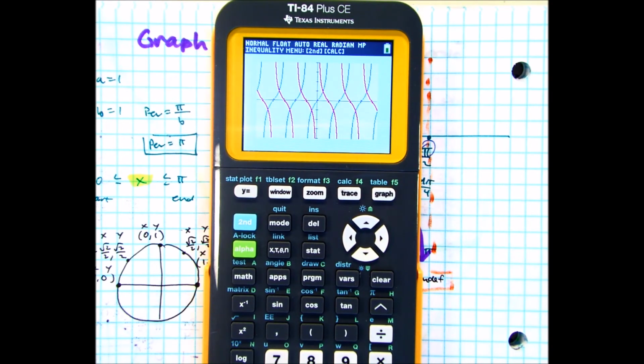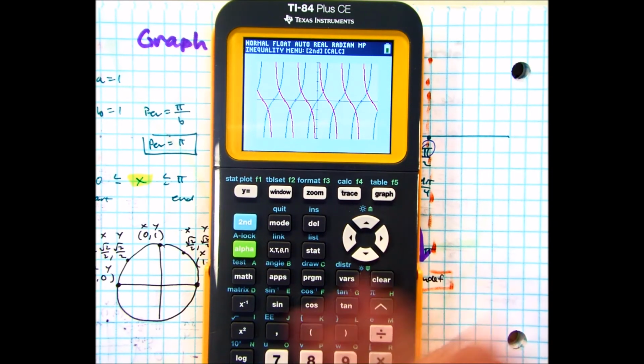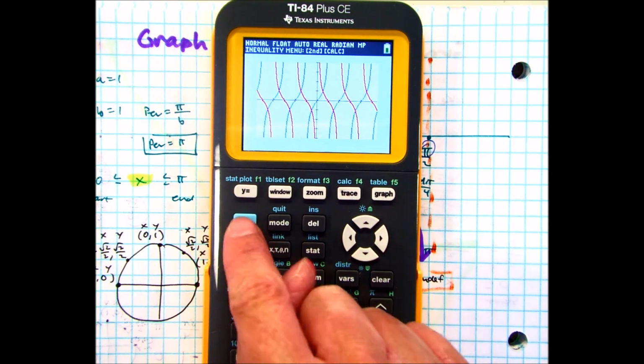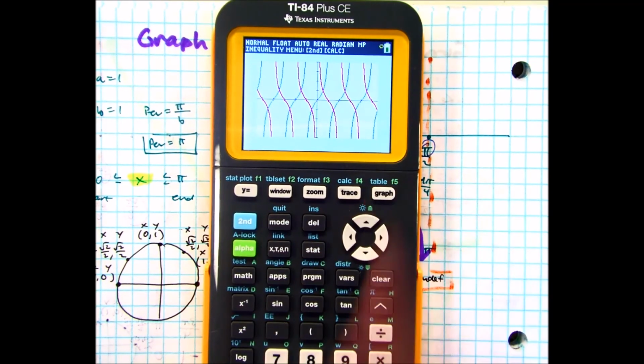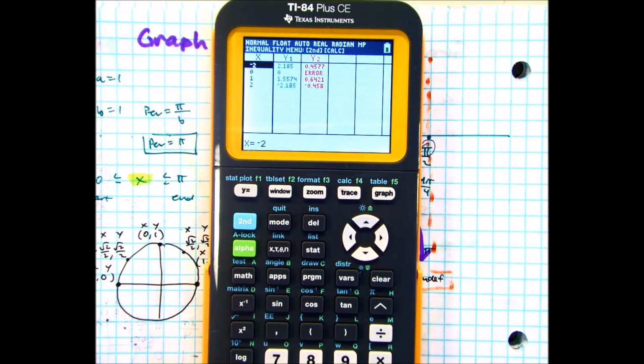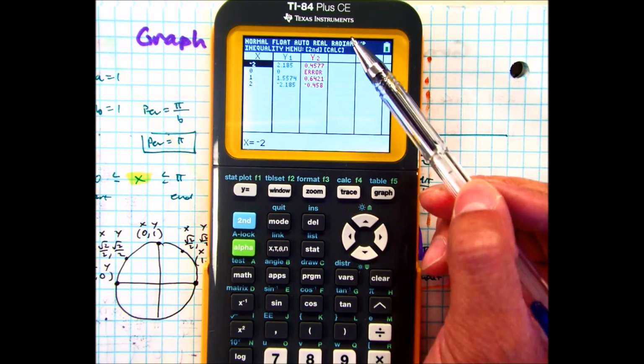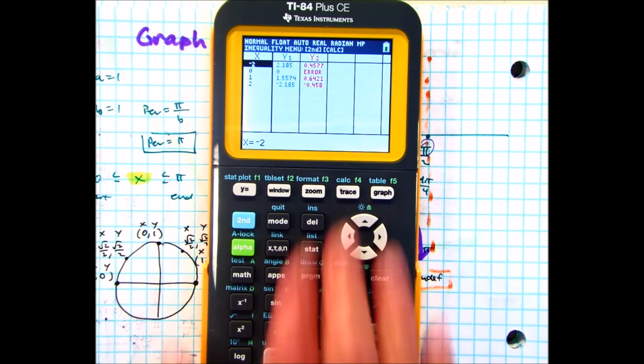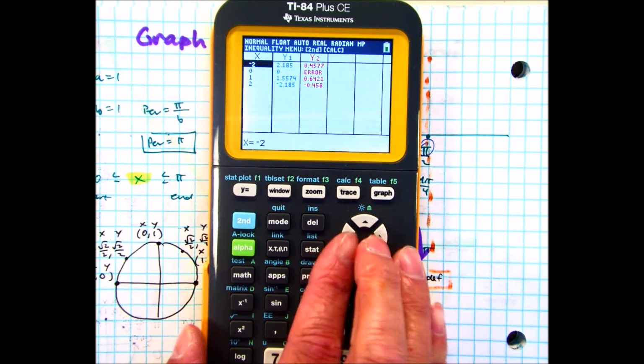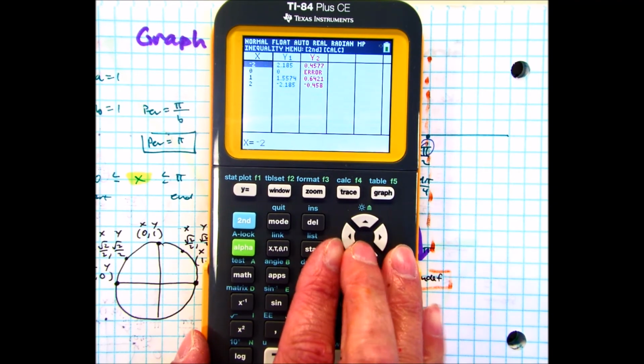Cotangent. How about blue? Now, what I wanted to show you is this. If you go to the table, so I'm going to press second graph. Double check that you're on radian mode. And this is what I wanted to show.